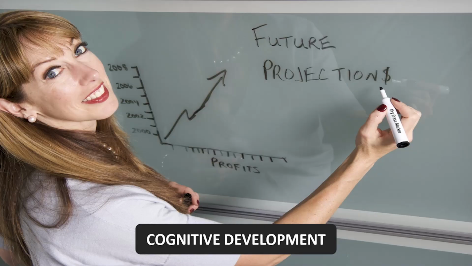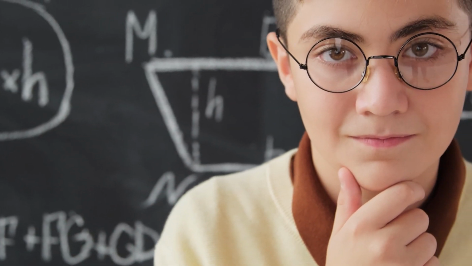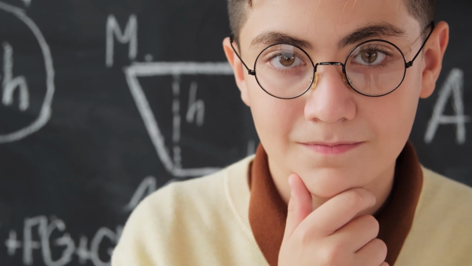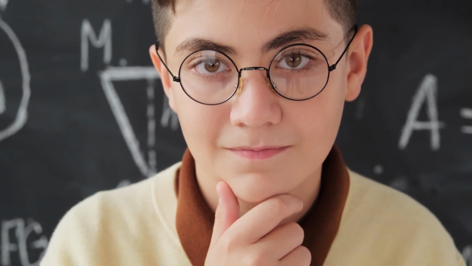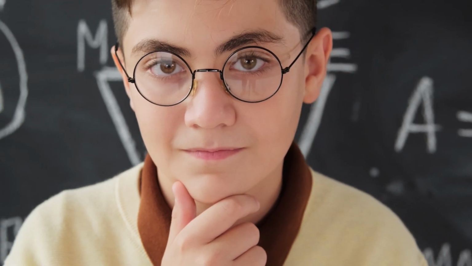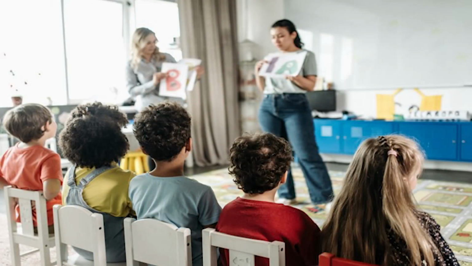The next dimension, which is very, very important for you as a teacher, is the cognitive development of the child. As I already discussed in the starting, cognitive development is about changes in the patterns of thinking, how an individual processes the information which comes from outside, and then makes it a part of her own schema.